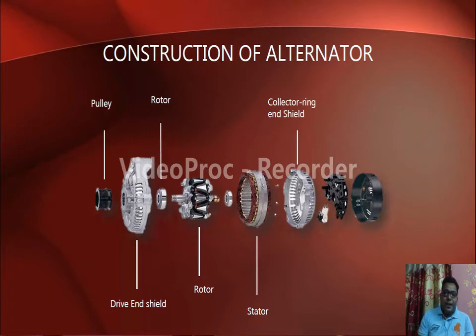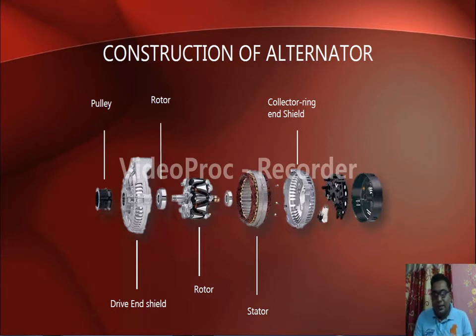It is a machine that is opened up like this, with the parts placed one by one over here, and now we're going to see what the parts are. From left to right, first on the left we have a pulley, and then the drive end shield. These are the outer body that we can see from the outside. Then there is the rotor.